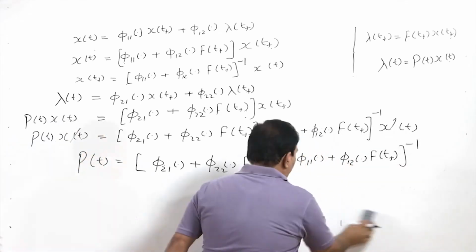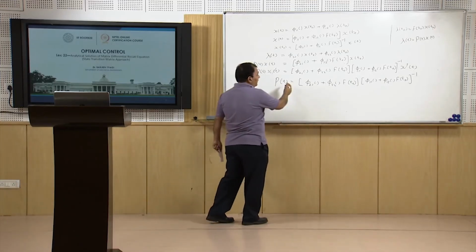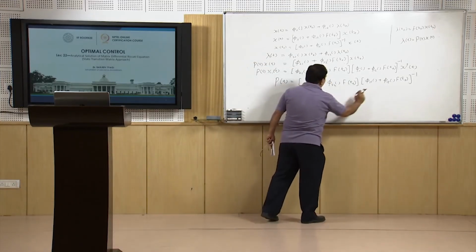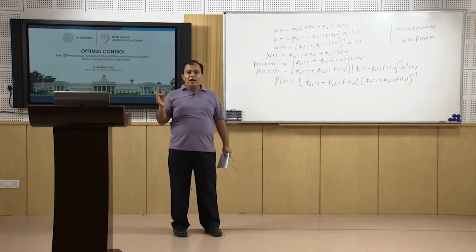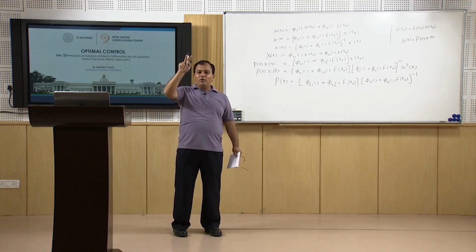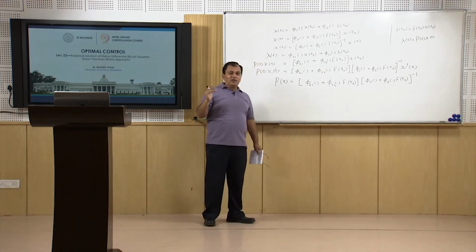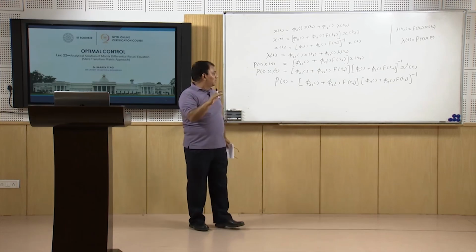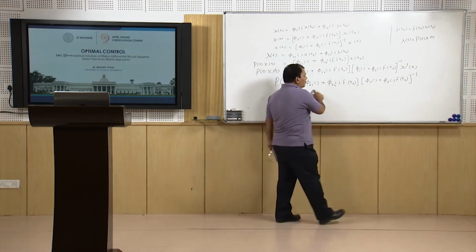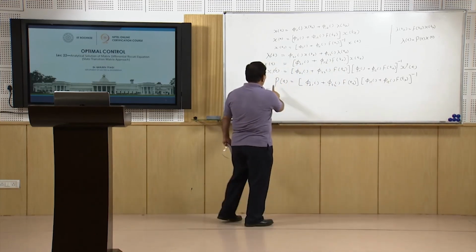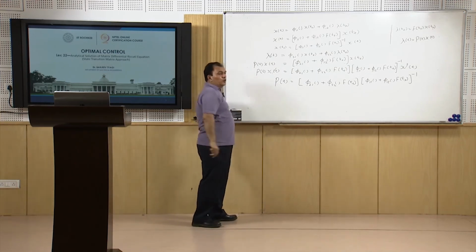So this matrix differential Riccati equation and this Riccati coefficient can directly be found by this, where phi 11, phi 12, phi 22, phi 21 are nothing but the partition of my state transition matrix. So if I know my state transition matrix, I can partition it as phi 11, phi 12, phi 21, phi 22, and if this is known to me, I can directly find what will be my Riccati coefficient.